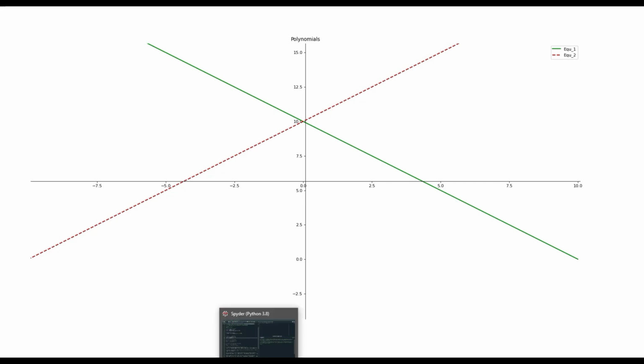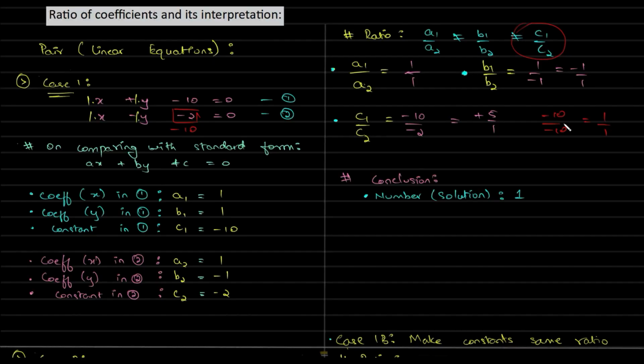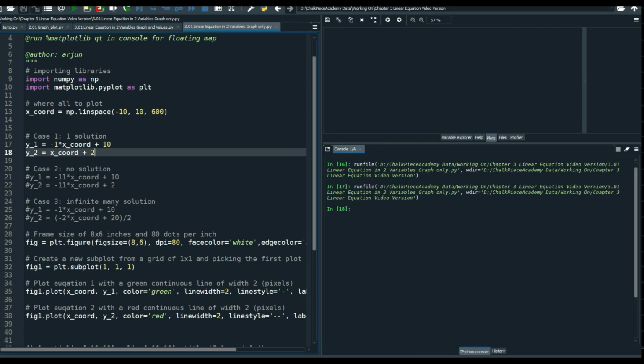So let us change it to a scenario wherein it's equal to b1 by b2. So I'll make this plus 10. So this will be minus 1. So b1 by b2 is equal to c1 by c2. To do that, I need to change this to minus 10.